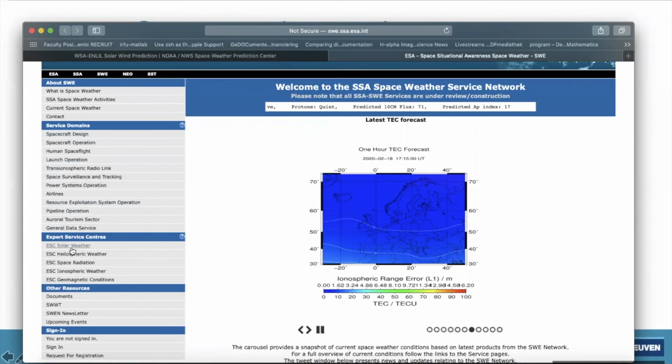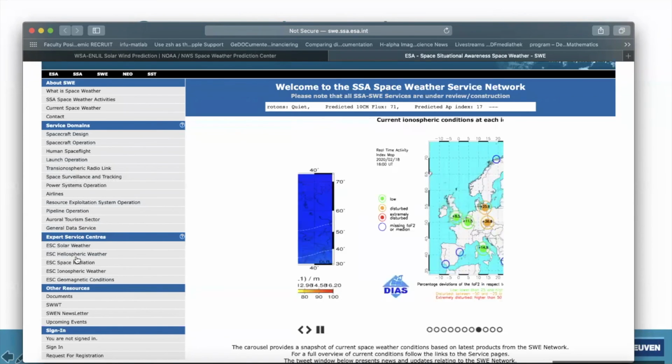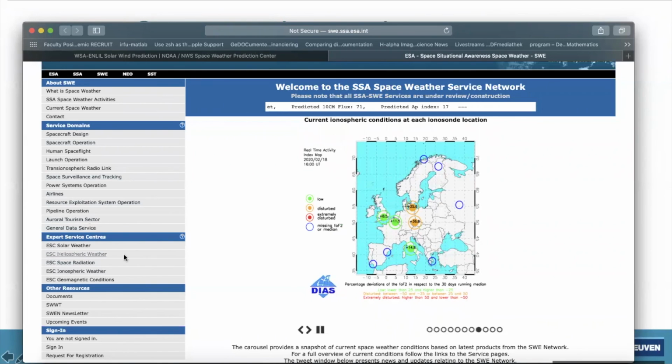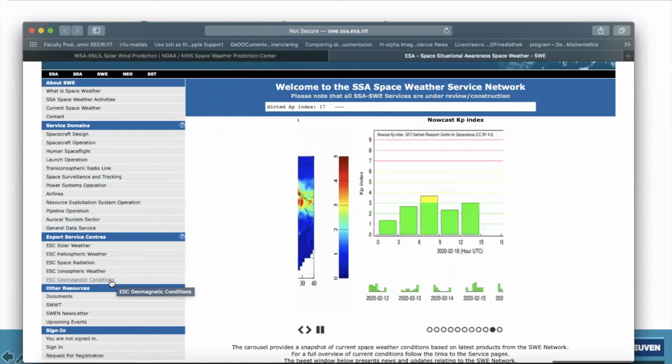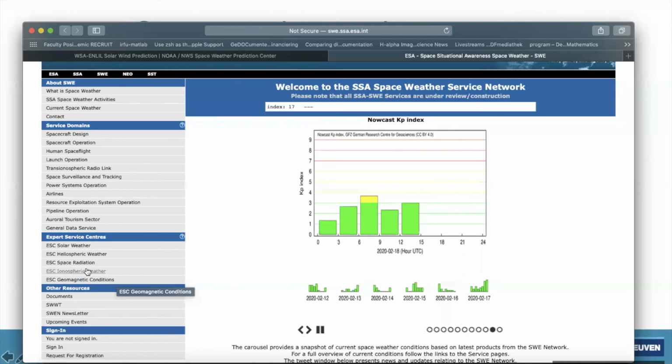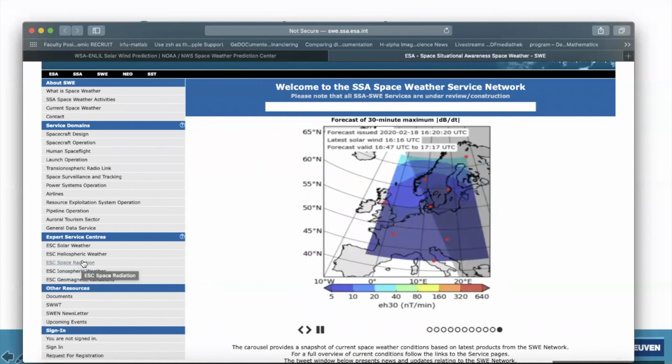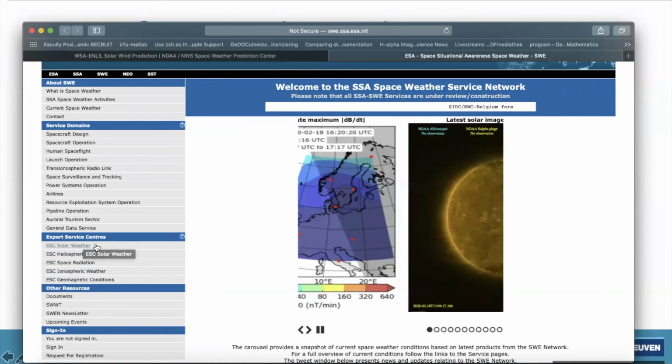And then there are these expert centers, and the expert center for heliospheric weather is in Brussels at the Royal Observatory. And the geomagnetic conditions is the Belgian Institute of Space Aeronomy. But there are also others. For example, the space radiation, solar weather, sorry. Solar weather is in Norway.